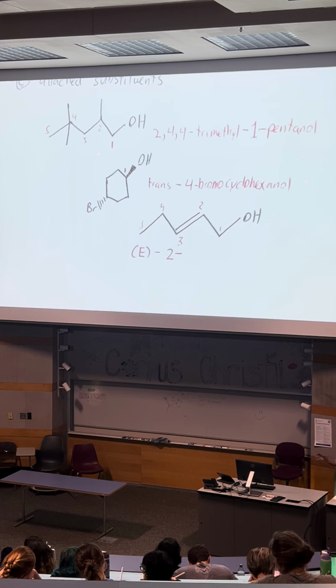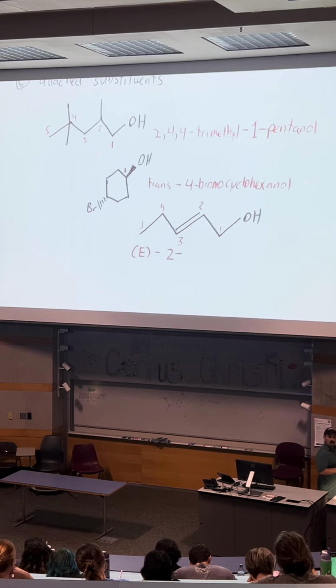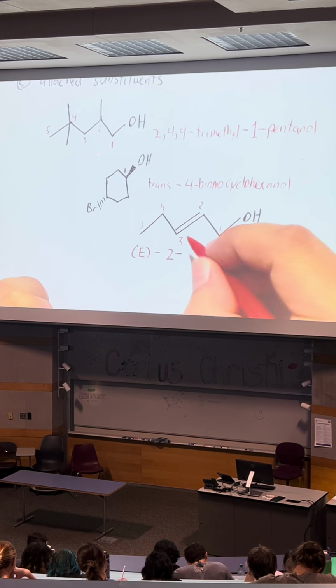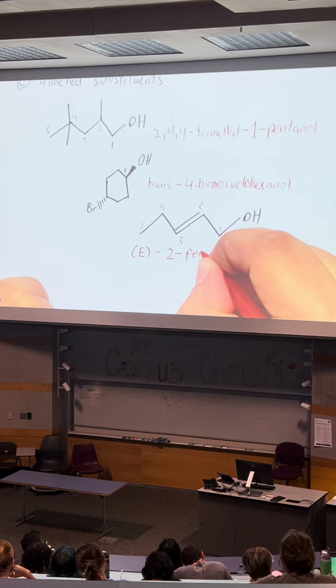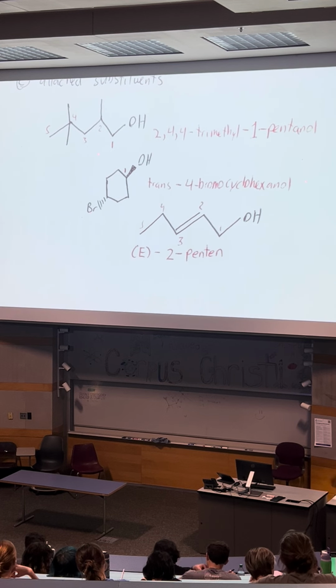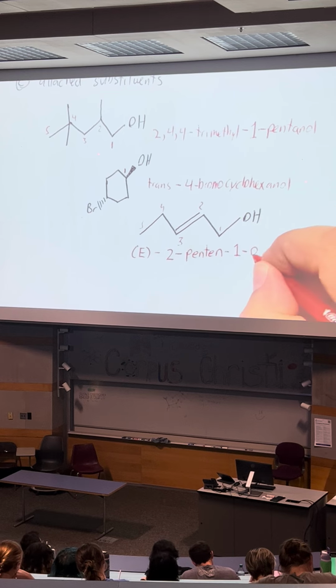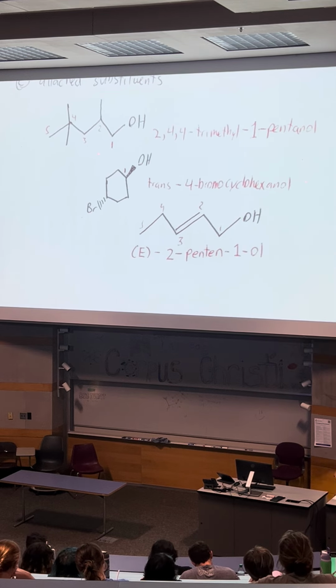And because there's 5 carbons, what's the prefix going to be for 5 carbons? Pent, right? But because there's an alkene here, it's usually pentene. But because it's an alcohol, we're not going to put pentene, we're going to put pentenol.